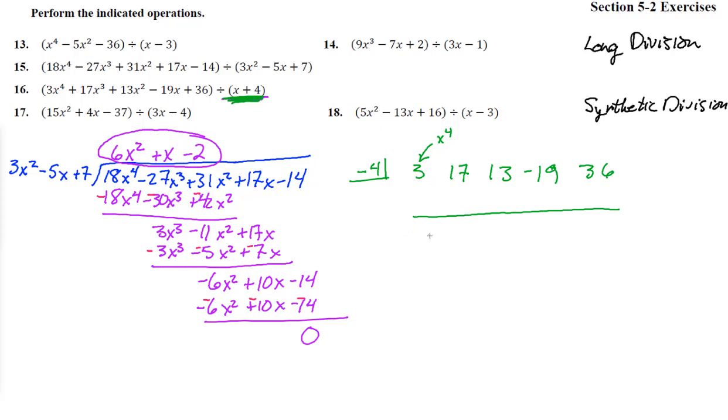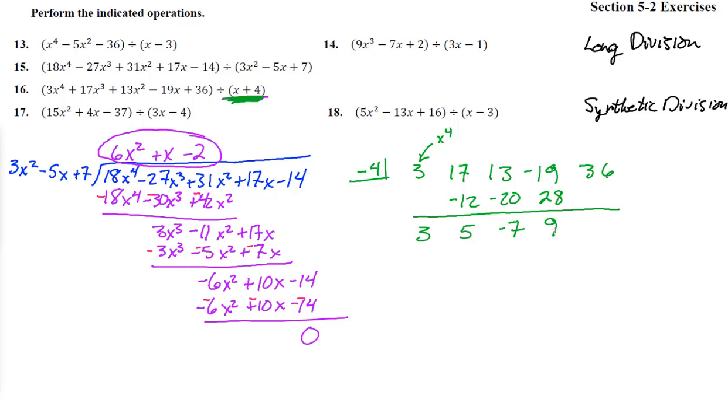So 3 drops straight down, negative 4 times 3 is negative 12, 17 plus negative 12, remember we're adding in synthetic division, not subtracting, because we're using the opposite of that positive 4. So that's a 5. Negative 4 times 5 is a negative 20. That becomes a negative 7. Negative 4 times negative 7 is a positive 28. That means we get a negative 19 plus 28 is a positive 9.